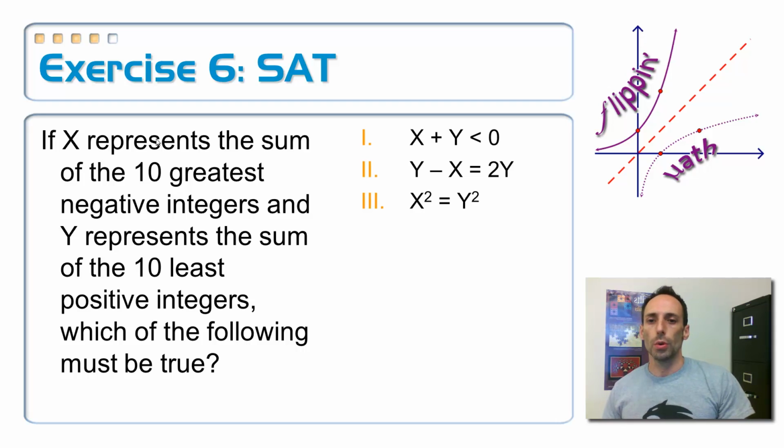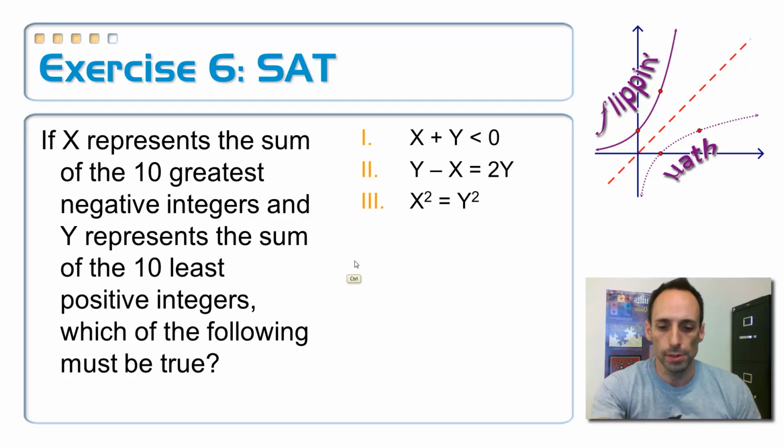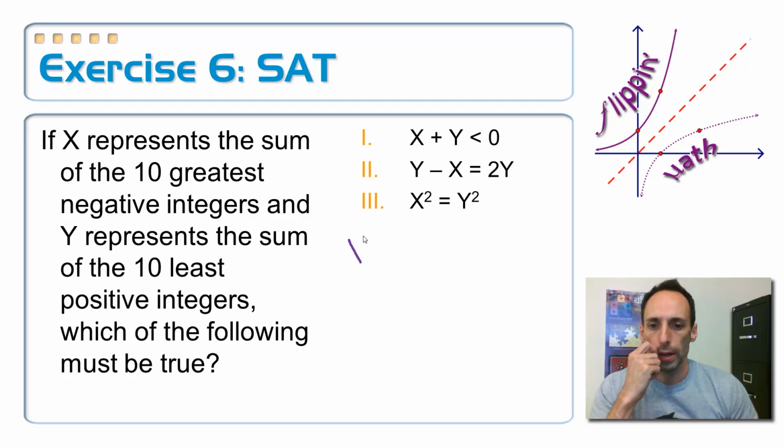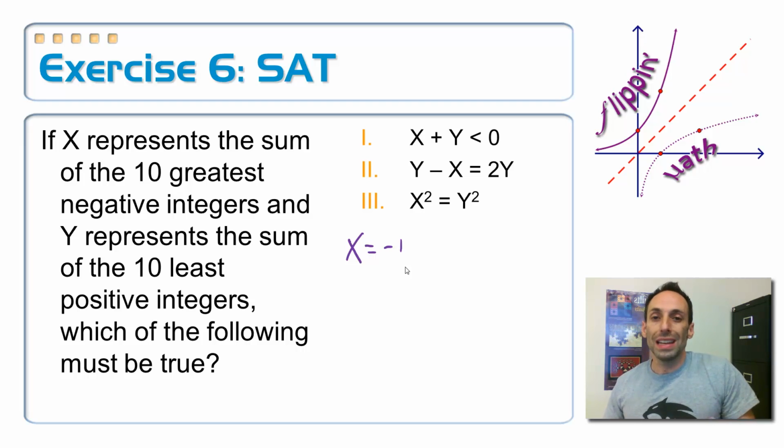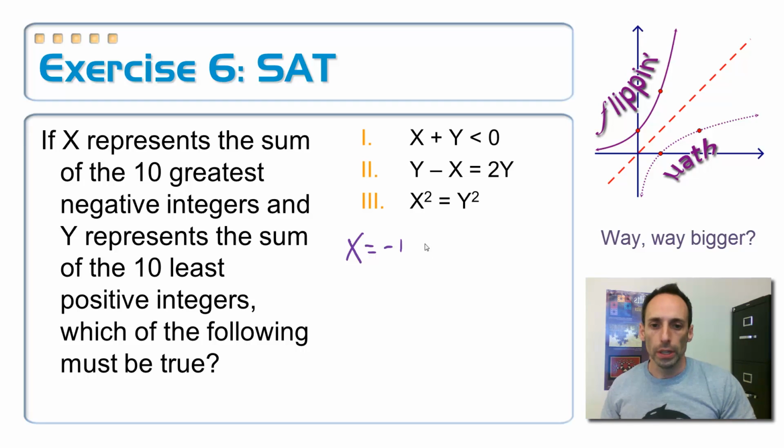Something like that. So if x is the sum of the 10 greatest negative integers, let's just think about that. X, this big X, is the 10 biggest negative numbers, so integers. So what's the biggest negative number you know? It's negative 1, right? Biggest as in, well, negative 1 is way, way bigger than all of the rest of them. And so then you have plus negative 2 plus negative 3 plus ... plus negative 10.